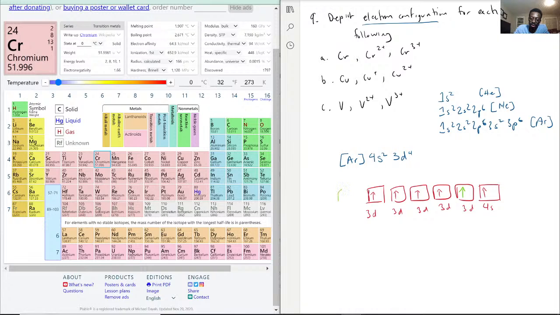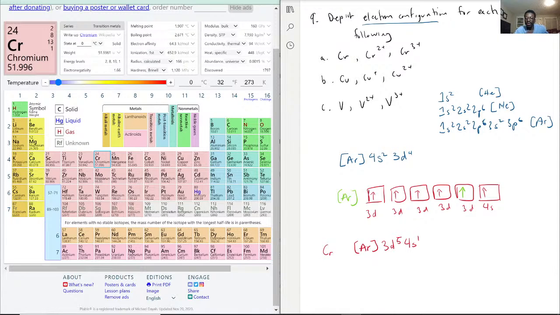This would stabilize, at least for the orbital notation, and be a more stable chromium. If we rewrote that, starting with Ar, it would be 3d5 4s1. This right here is chromium.